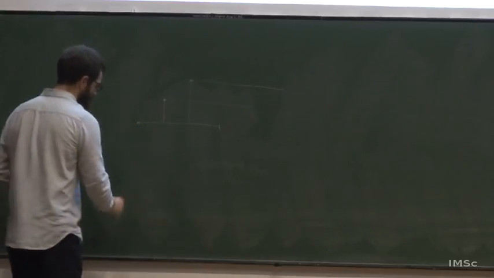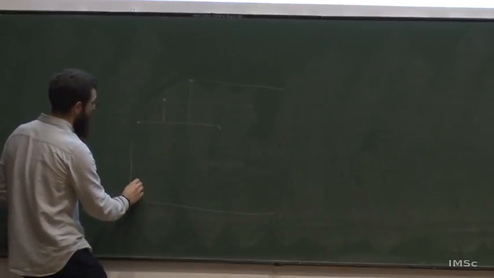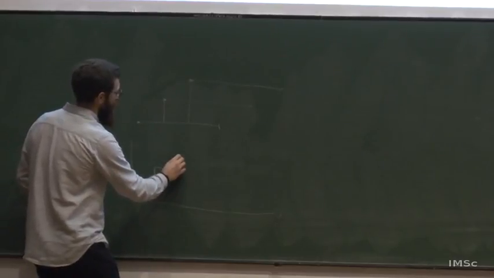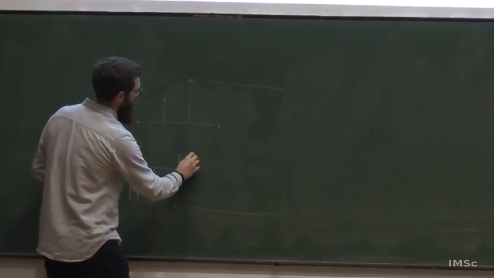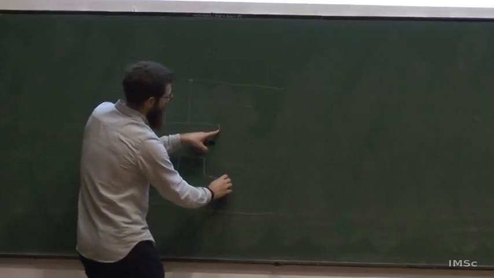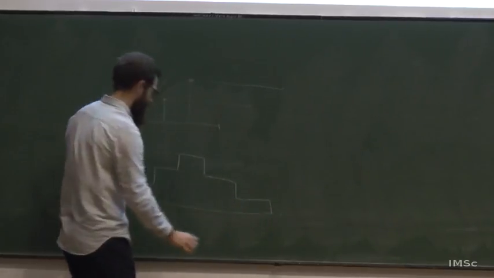If you look at the time series, here you have only one person infected. Here you have a second one. Here you have a third one. Then here, this guy recovers. This guy recovers. And this guy recovers.